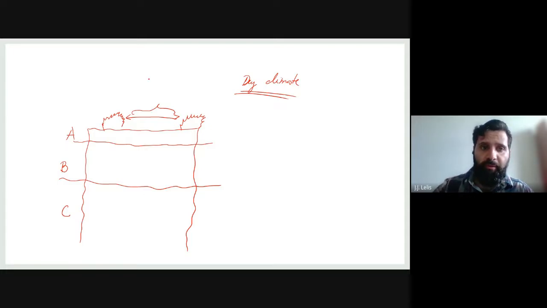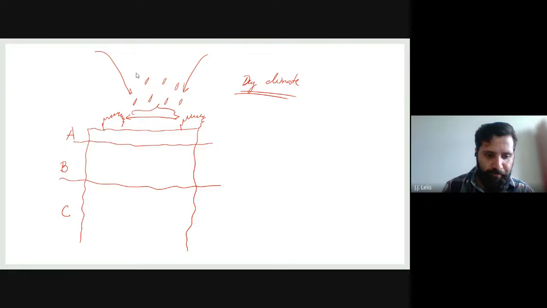And when it starts to rain, generally in dry regions, the quantity of rain is very high, with a low duration. So the duration of the rain season and of the rain events is very short, but the quantity of water is very high.